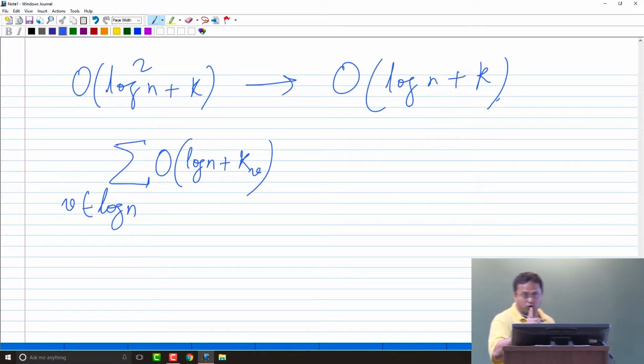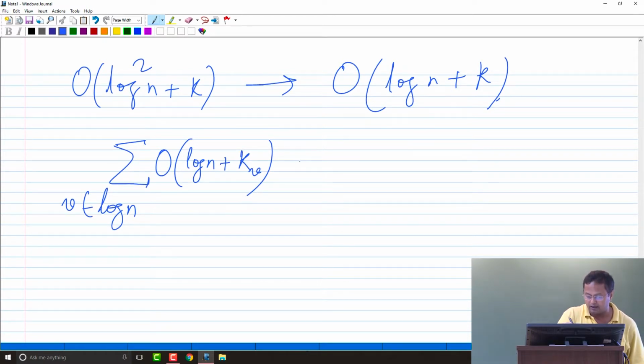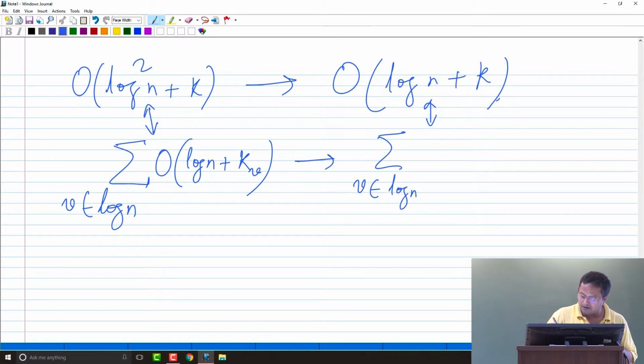So, if I am to obtain a log n plus k by this kind of thing, then this should be order 1. Otherwise, there is no hope.